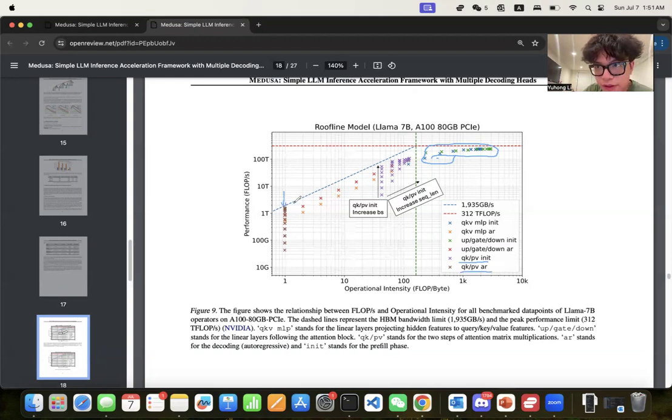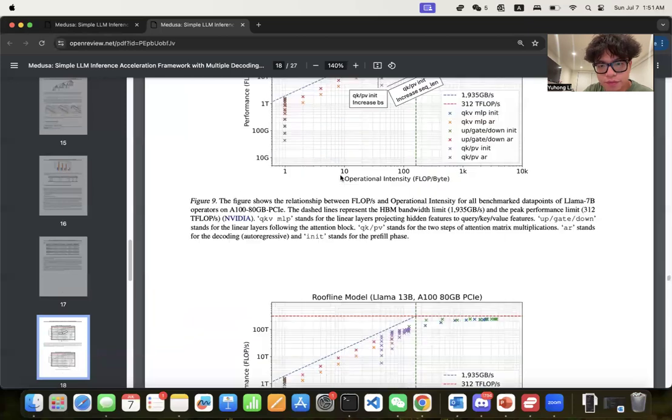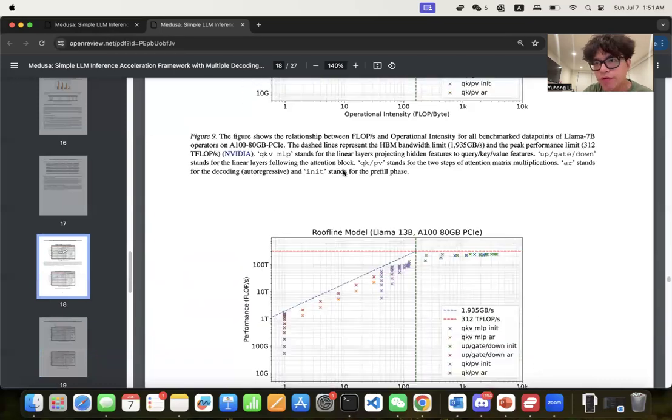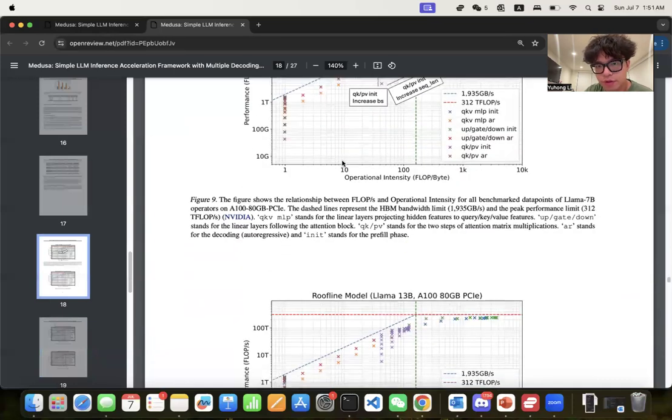Which means they're significantly memory bandwidth bound. And all the autoregressive operators are just memory bound here. Memory bound means we didn't fully utilize the computation, and thus we can use speculative decoding or parallel decoding to shift.